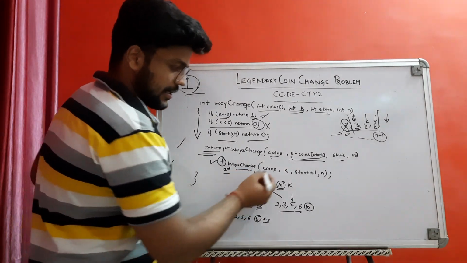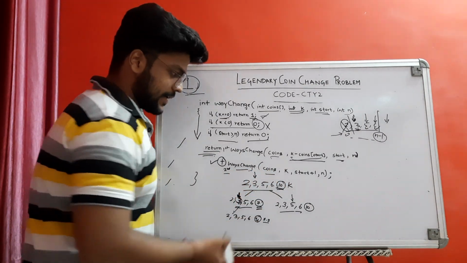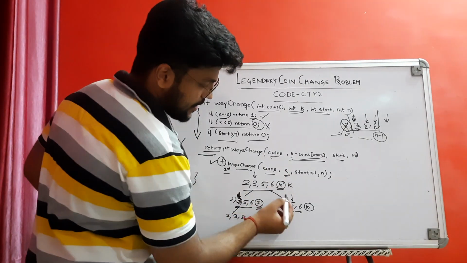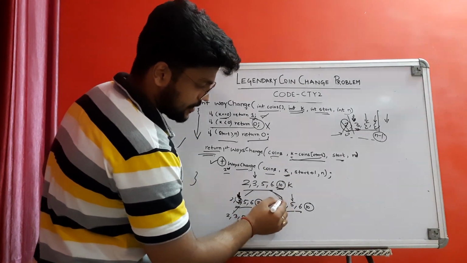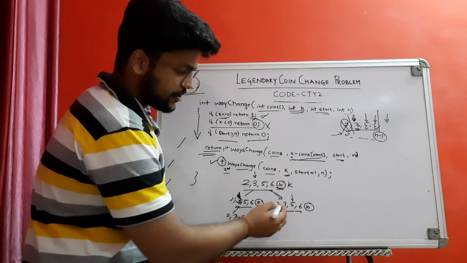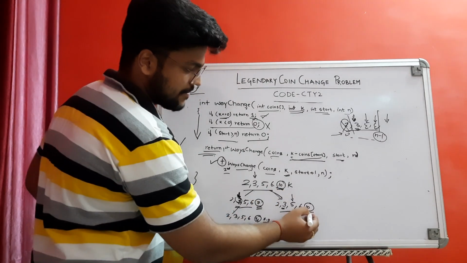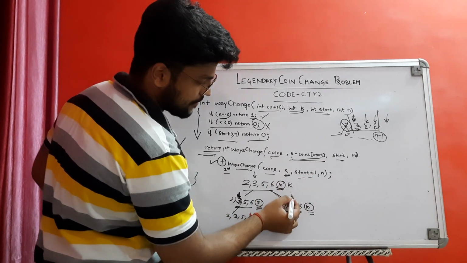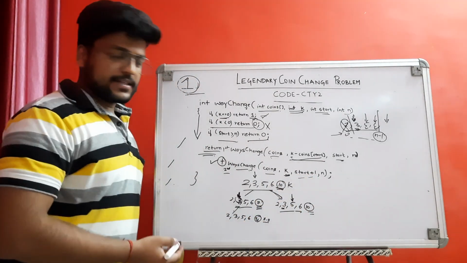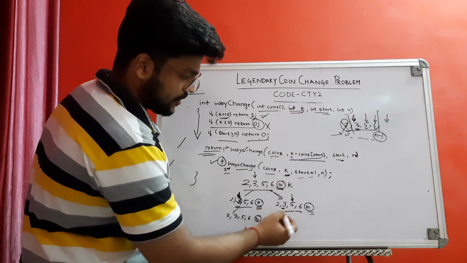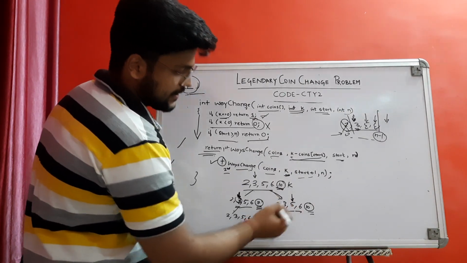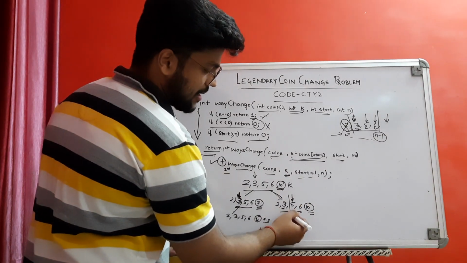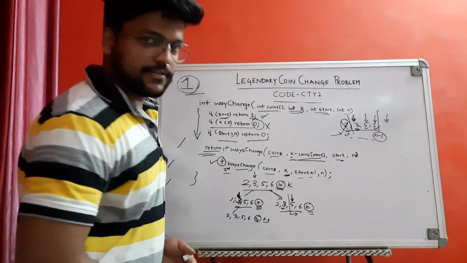Ways changes, coins, denomination coin array. The required sum will not change, because here you are not using 3. If you are not using 3, then the sum will be the same. So k, and start plus 1. You will increase the start pointer here. And why will you increase it? Like I said before, if you are not using 3, you won't use it in future. So you have to increase the start pointer to tell that I am using from 5.